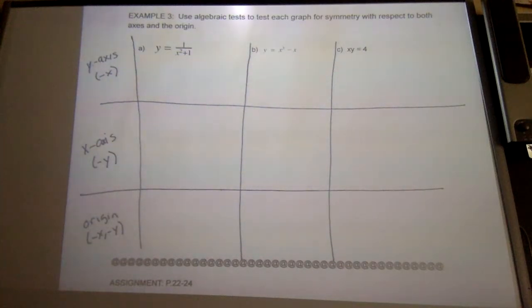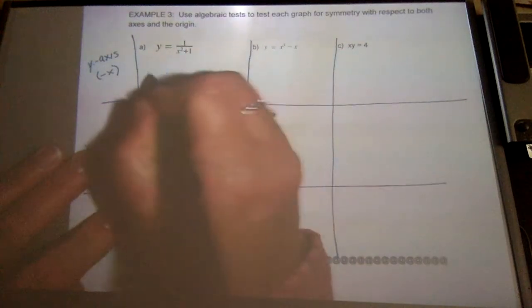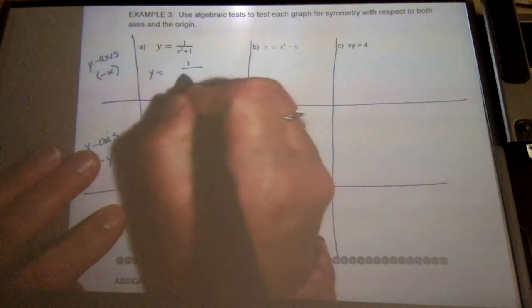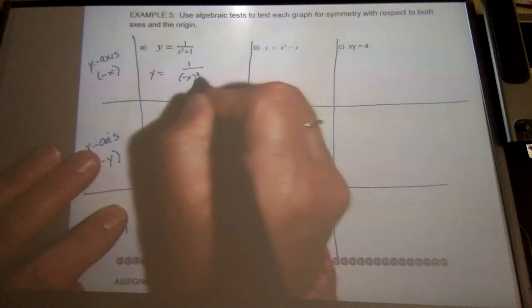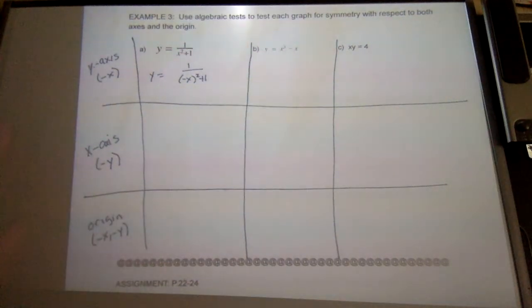So for A, where I see x, I'm going to put a negative x. Well, what is a negative x squared?